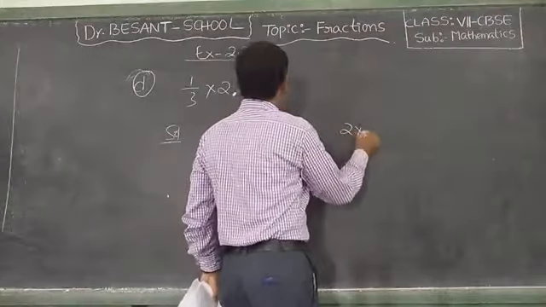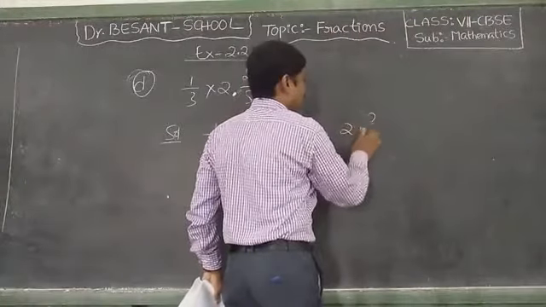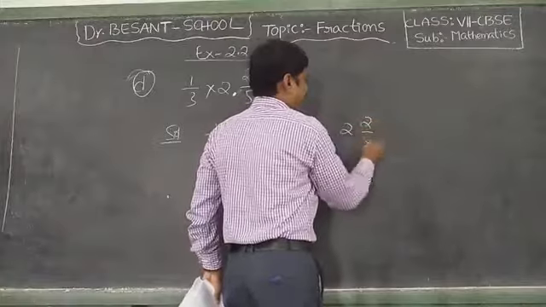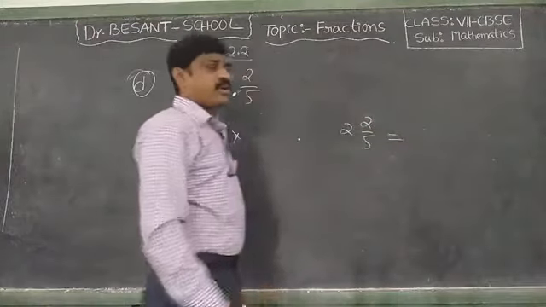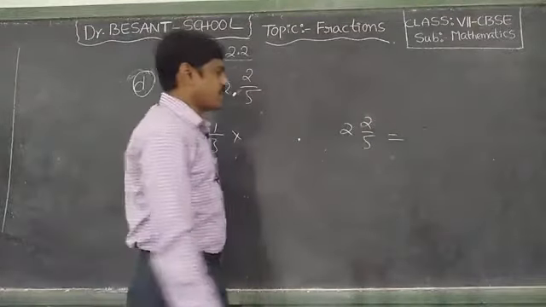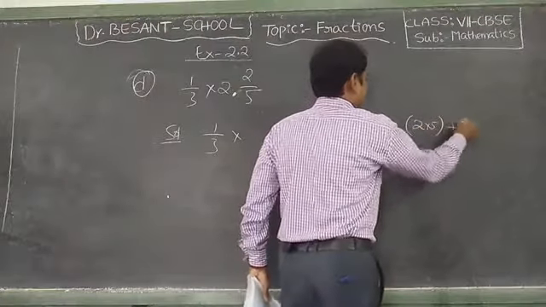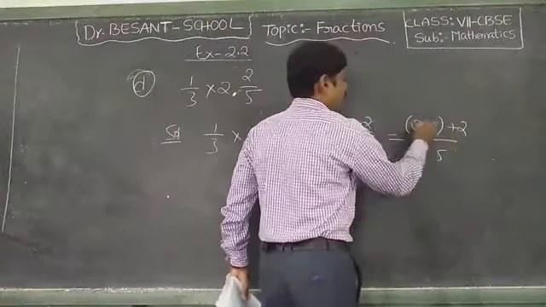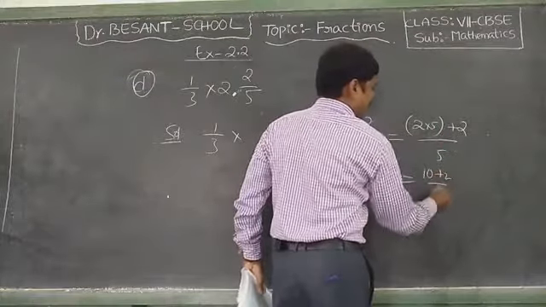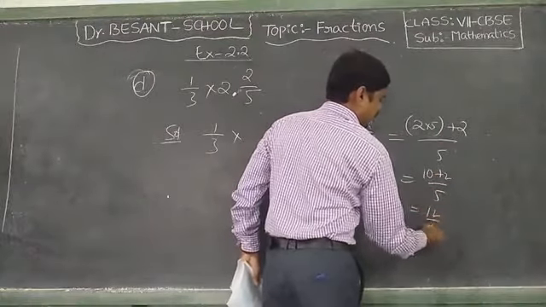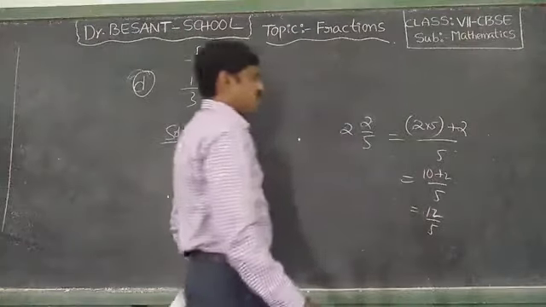Mixed fraction we have to convert into improper fraction. 2 5s are 10 plus 2 by 5, that is equal to 12 by 5.